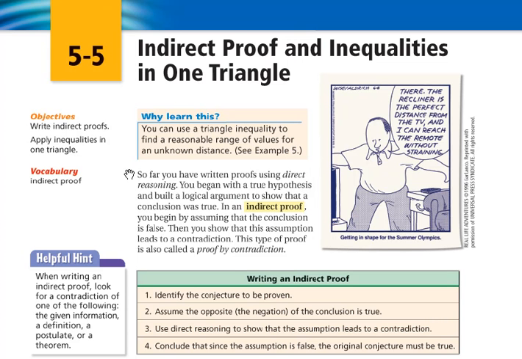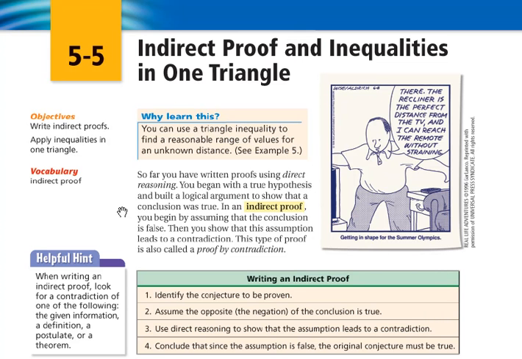What we're looking at here, as it says, so far we've written proofs using direct reasoning. So the flow of the proofs has been pretty straightforward, where we've looked at something that we want to show is true, and we've worked our way to that point. What we're going to look at here is something called an indirect proof, where you begin by assuming that the conclusion is false, and then you show that this assumption leads to a contradiction.